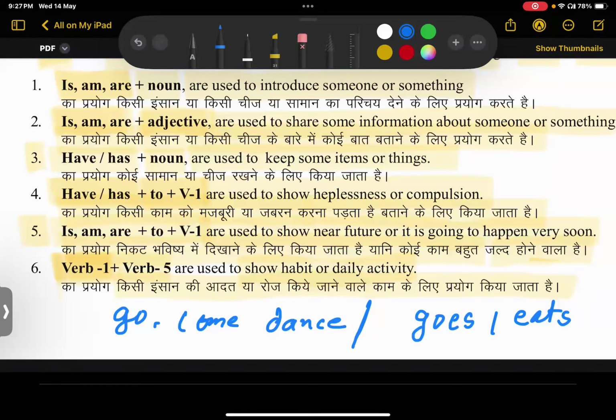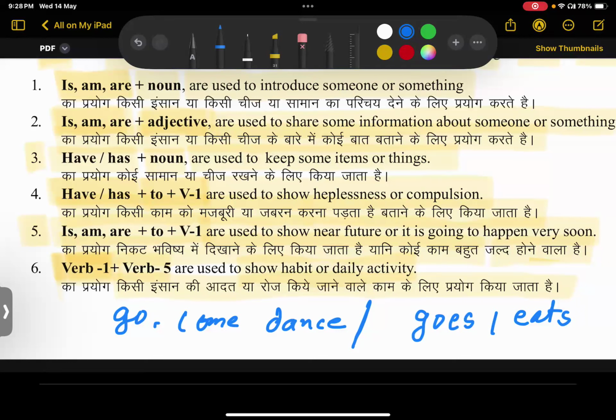If I speak a sentence, I teach English, I have spoken teach. Do you know what I mean by saying this sentence? I teach English every day. I mean to say that this is my day-to-day activity. This is my habit, routine.